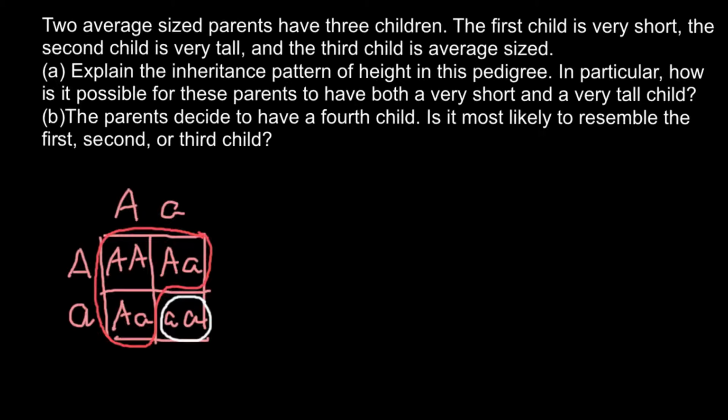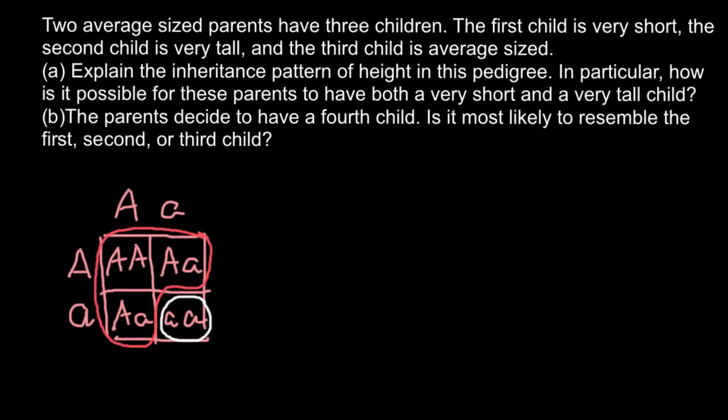So now let's consider that we have a characteristic that is quantitative. So each allele adds something to the trait. Let's assume that the dominant allele A would add, for example, 10 centimeters to the average height, and the small allele a would add, say, 5 centimeters to the average height.